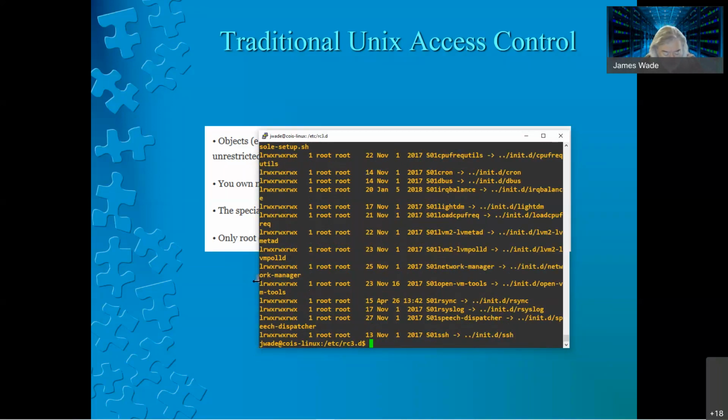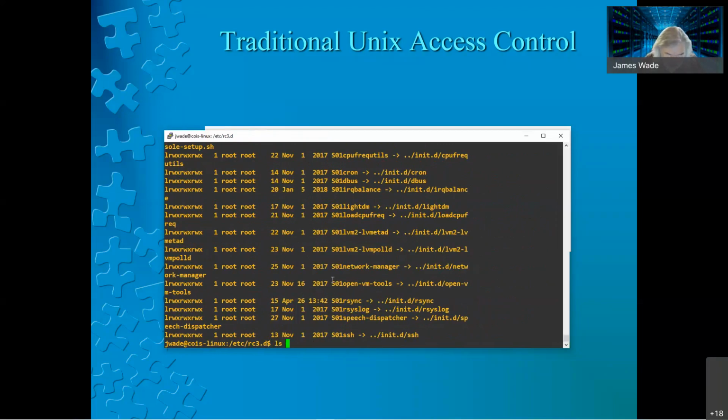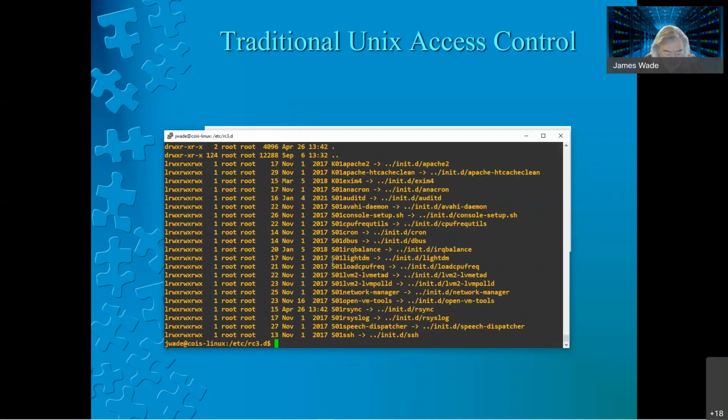You'll notice that it points to a name, and the name points to a script that's out there in init.d. The dot-dot says go up one level and then into the init.d directory and find this load CPU FREQ script. Once again, this tells when to start it up, and usually they're not all 0, 1.